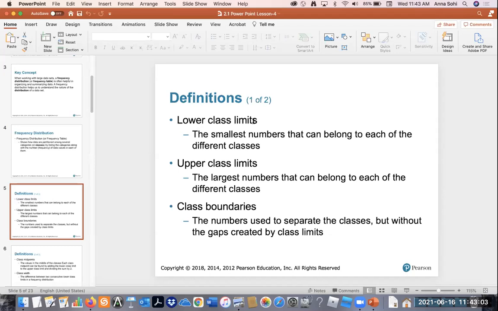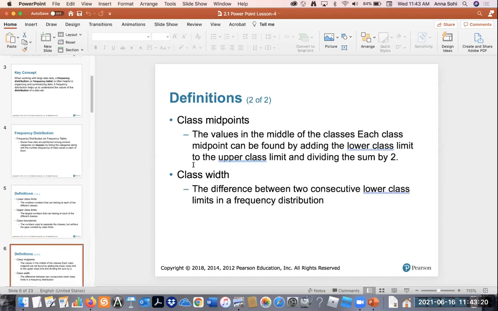Lower class limits means there are multiple of them. Upper class limits, again, multiple of them when you're organizing the distribution. Class boundaries, again, multiple of them. Class midpoints, class width. By the end of the lesson today, you will have an idea of what these are.